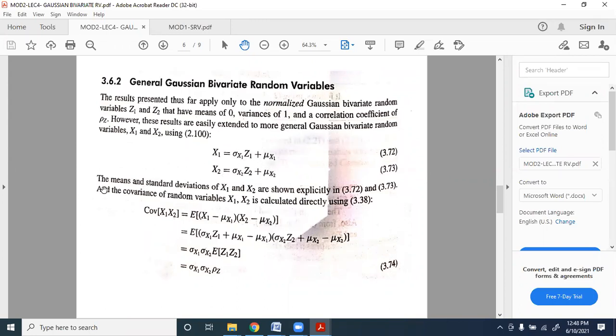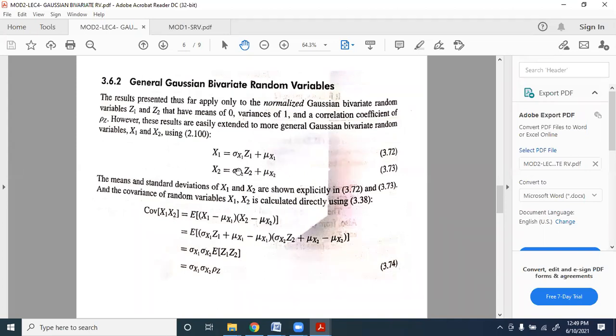In this general case, the mean and the standard deviation of X1, X2 are shown explicitly in the equations. The mean is written here for X1, and the standard deviation is mentioned over here. Definitely the variance will be the square of the standard deviation. Similarly for X2, the mean and the standard deviation are mentioned over here.